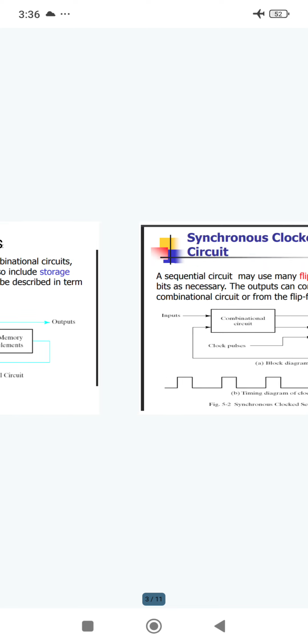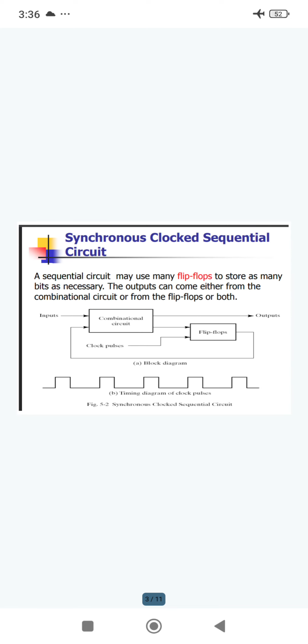Okay. So next one is synchronous clocked sequential circuit. A synchronous clocked sequential circuit may use flip-flops to store as many bits as necessary. Output can come either from the combinational circuit or from the flip-flop path.